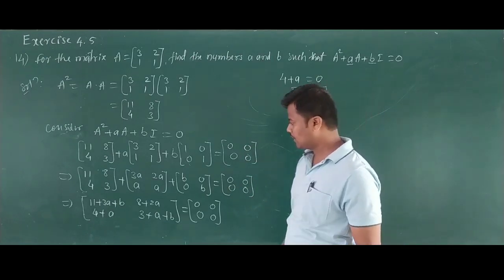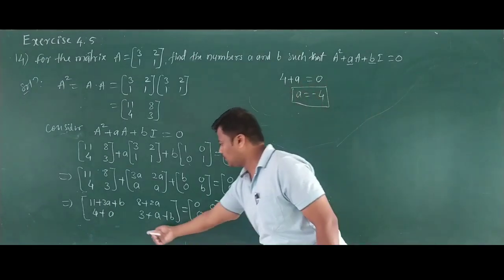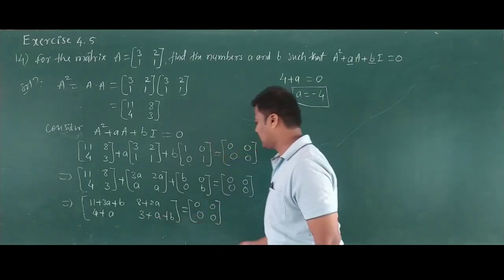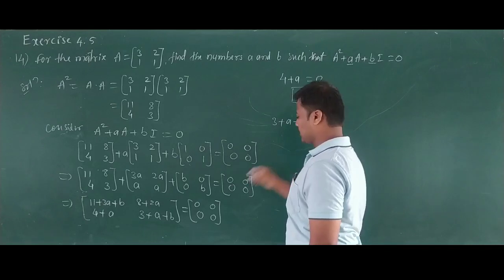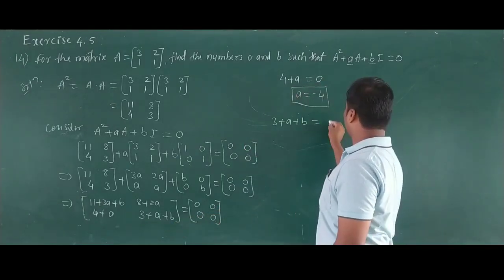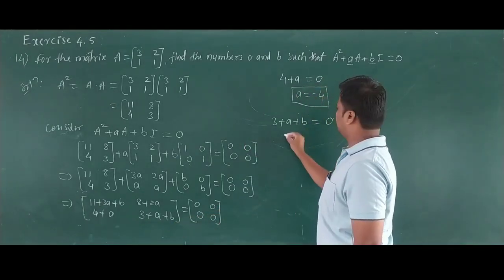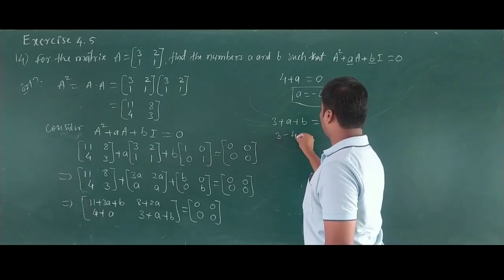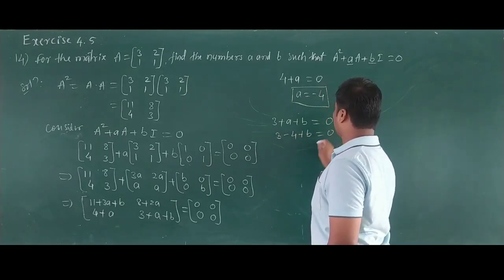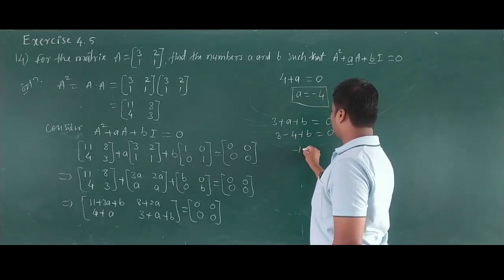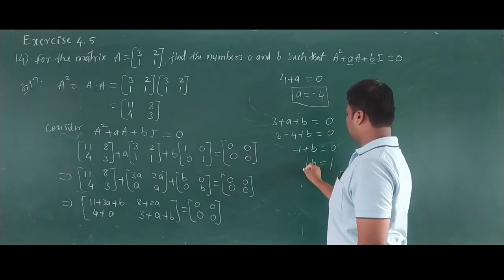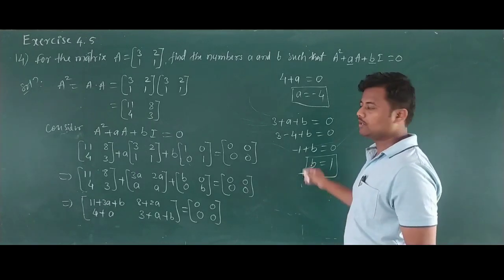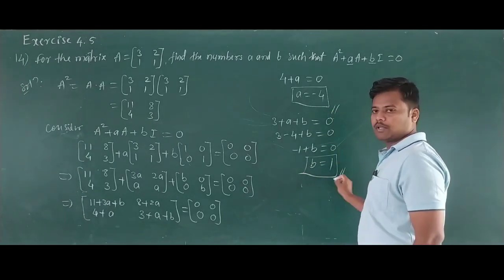Next for b, 3 plus a plus b equals 0. The a value is known: 3 minus 4 plus b equals 0, means minus 1 plus b equals 0. This implies b equals 1. So these are the values of a and b.